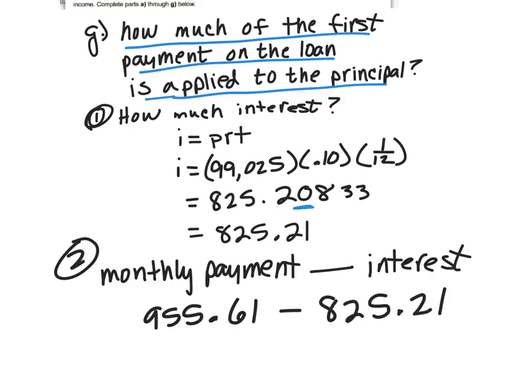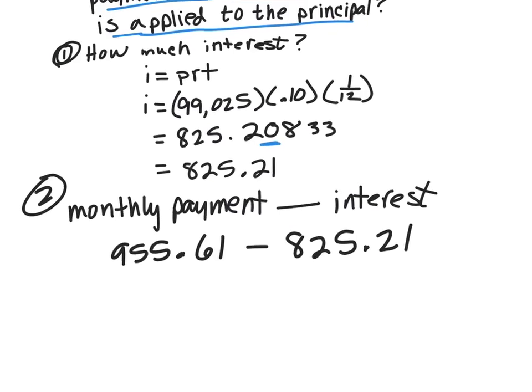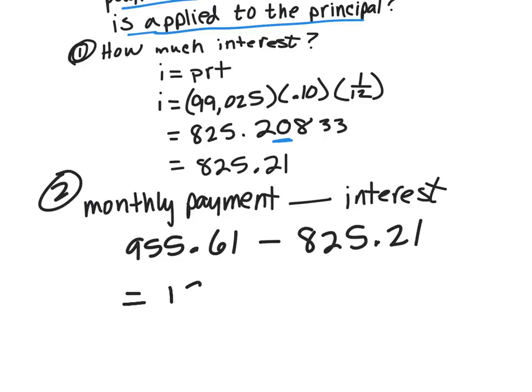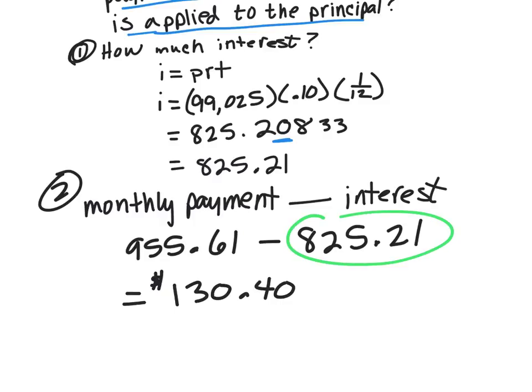If you do that subtraction, you're going to see that you get $130.40. So out of that entire house payment of $955, only $130.40 is actually going towards paying down the actual mortgage. The vast majority of it, that $825.21, is just going for interest on the loan. And there you have it, parts A through G.